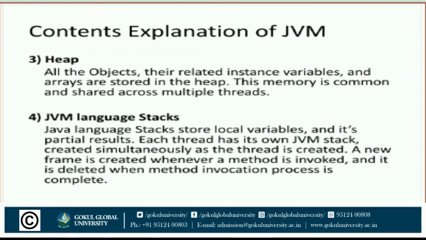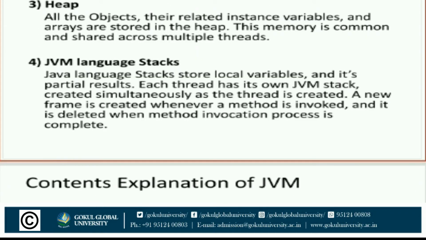JVM language stacks store local variables and partial results. Each thread has its own JVM stack, created simultaneously as the thread is created. A new frame is created whenever a method is invoked, and it is deleted when the method invocation process is complete.